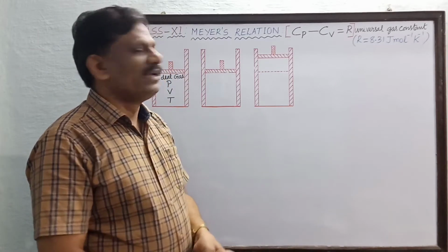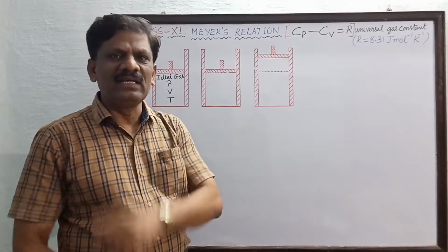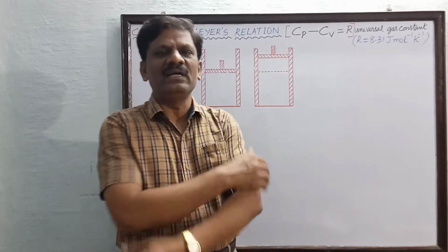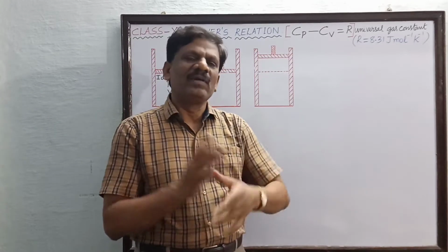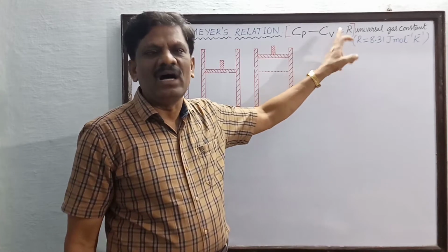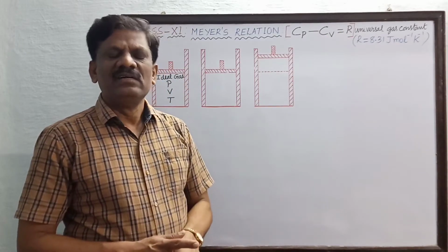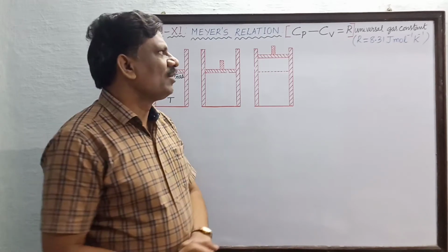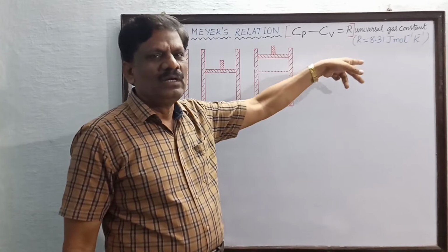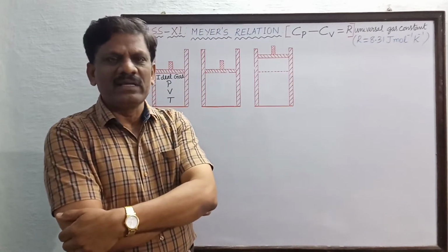And we have already studied that Cp is greater than Cv, and this difference between Cp and Cv is equal to the universal gas constant, namely capital R, and its value is the same for all gases for 1 mole. So for 1 mole of any gas, what is the value of this constant R equal to? It is 8.31 joule per mole per Kelvin.